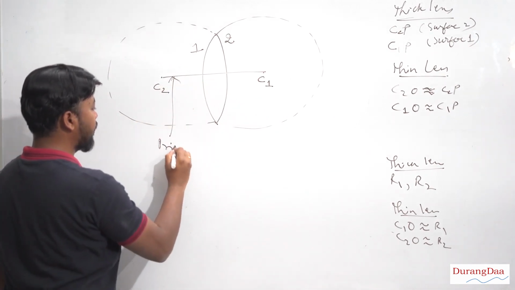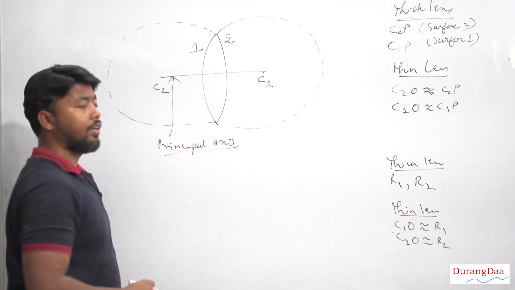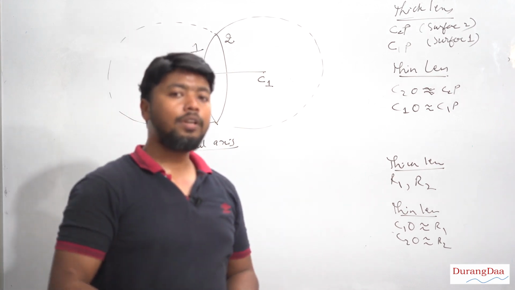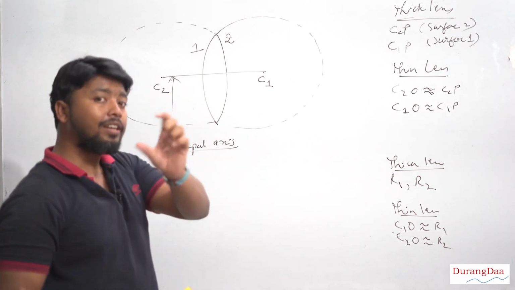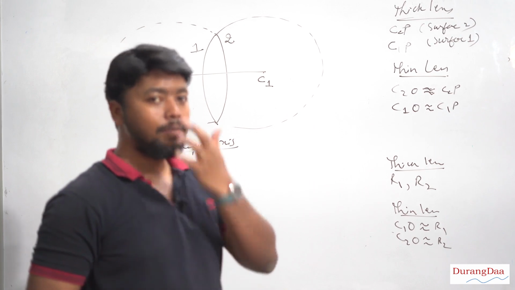This is your principal axis, the line joining the centers of curvature of the respective sides. Now I told you, remember optical center. What is optical center? I told you I will be discussing it later.